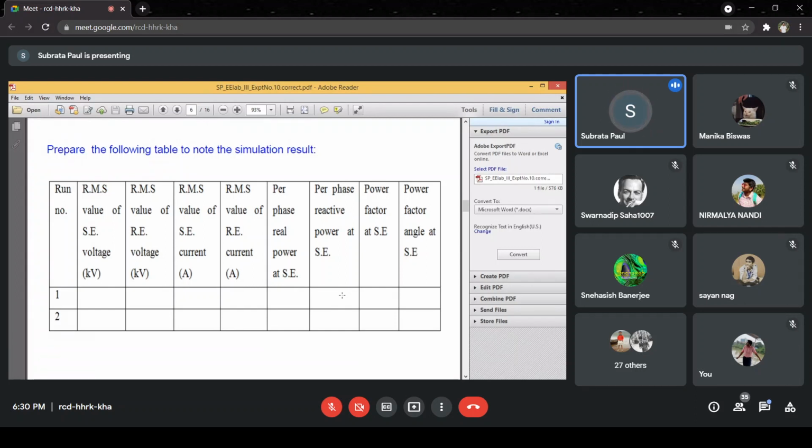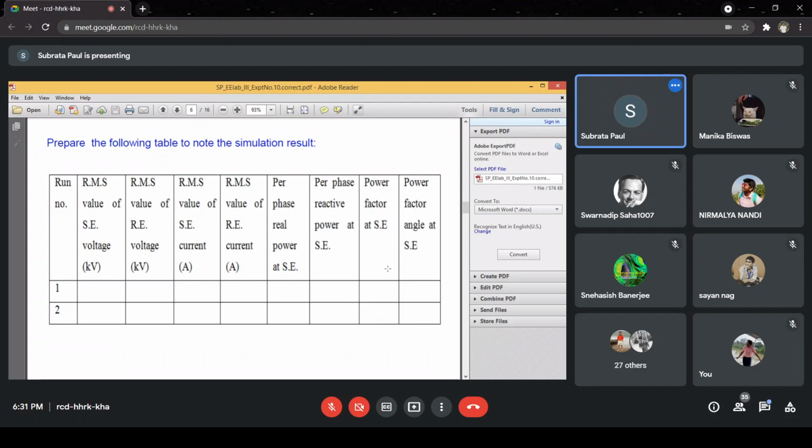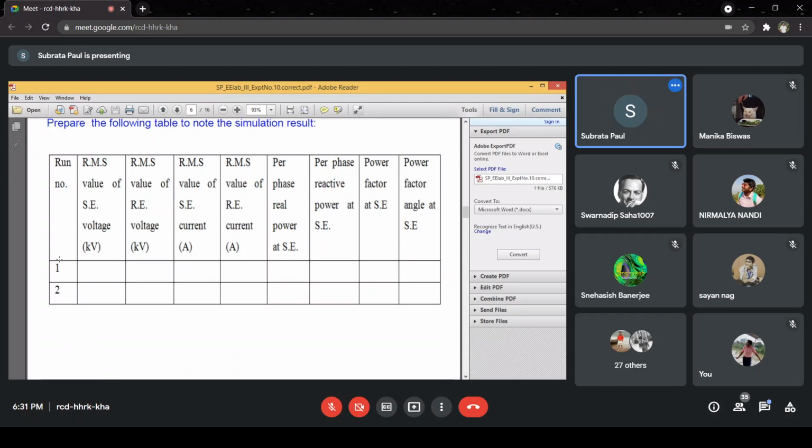Again, remember, calculated result means you will calculate it from the line parameters. You have the line parameters, sending end voltage you know, receiving end voltage you can calculate if the loading is given. The same thing will have to be done by you in your calculation, and all these quantities you will get from calculations and you will verify them. This is the table for say run 1, run 2, run 3, etc.